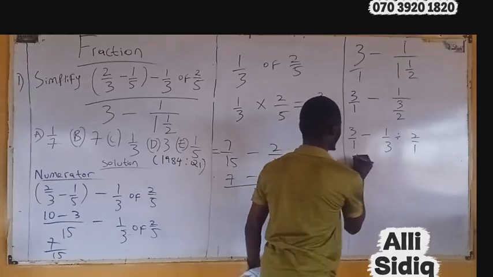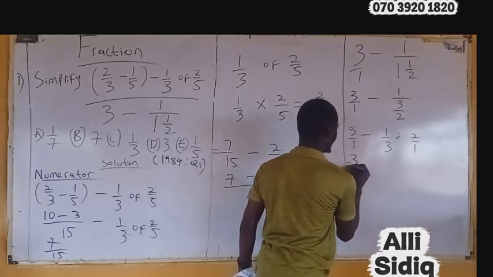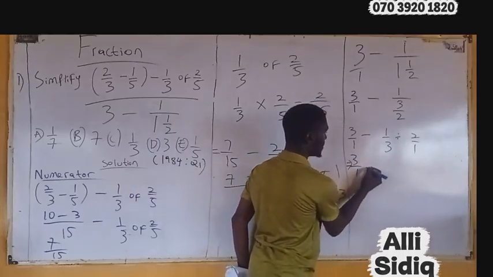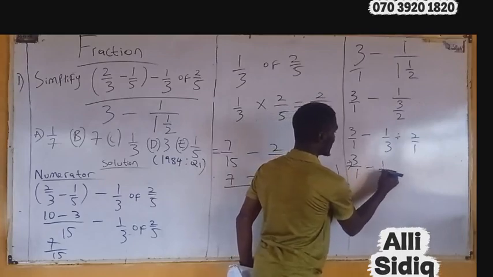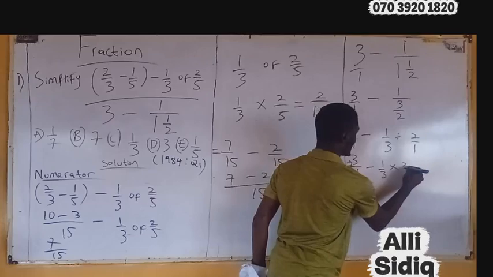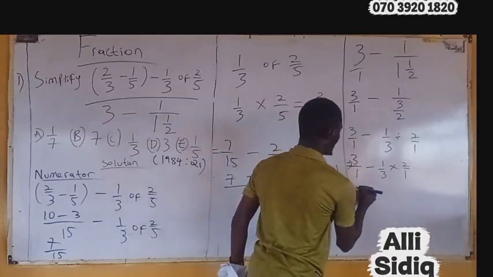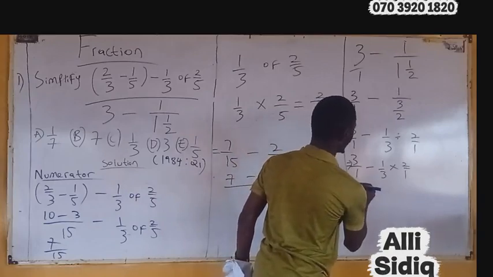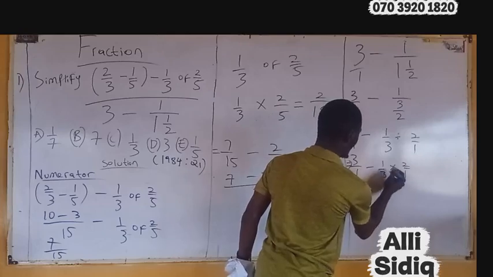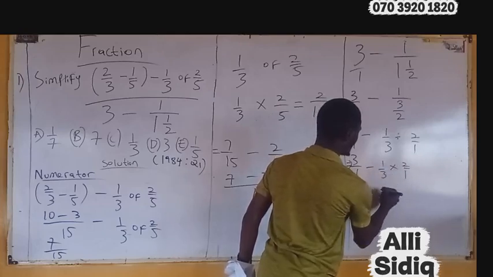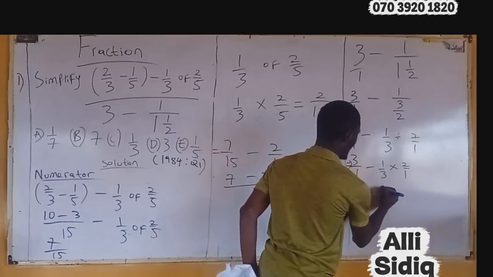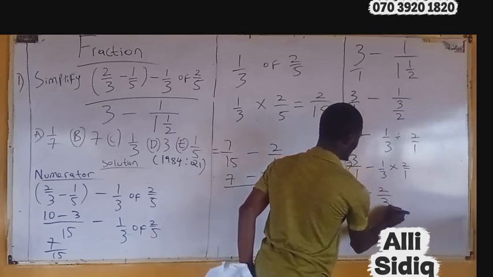Then it becomes 3 over 1 minus 1 over 3 times 2 over 1. So I have 3 over 1 minus 1 times 2, I have 2 over 3.